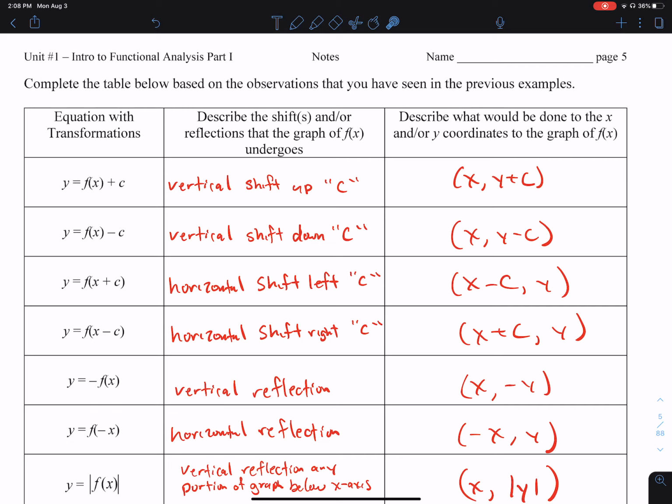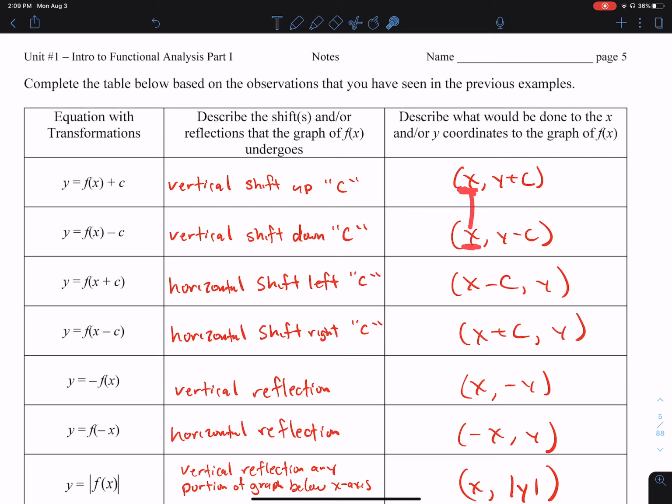But here is the rub. If you are adding a number to the outside of the function, that's a vertical translation up of that many units. If you are subtracting a number on the outside of the function, that's a vertical translation down that many units. Notice, if you had an ordered pair, the x value is not affected.